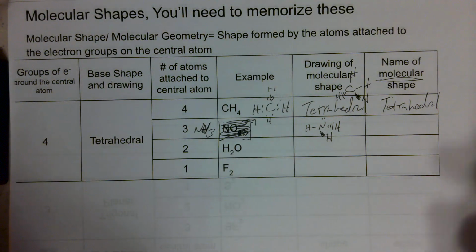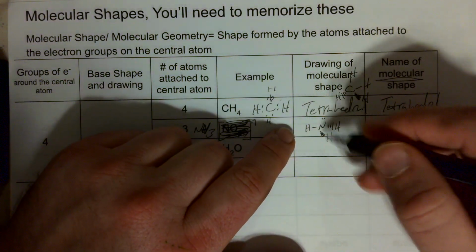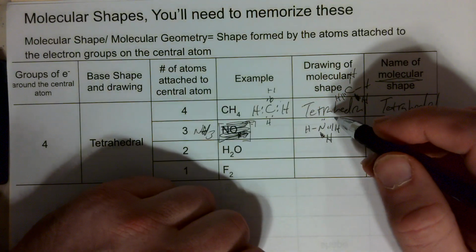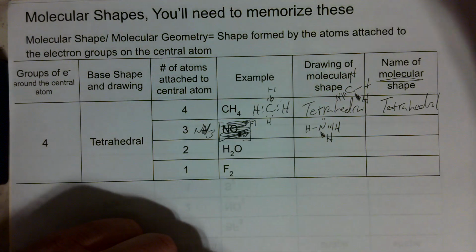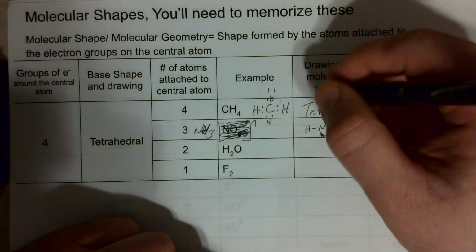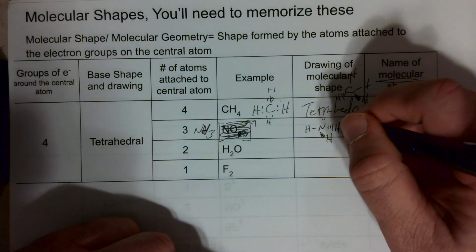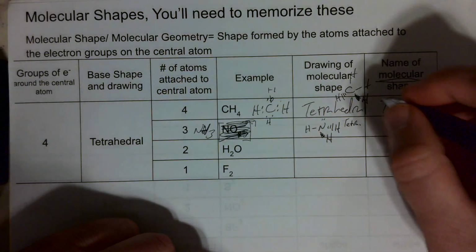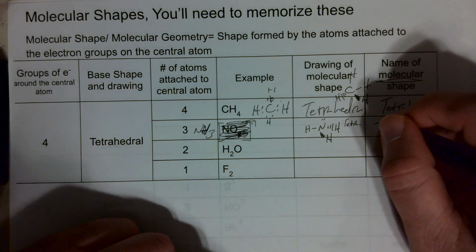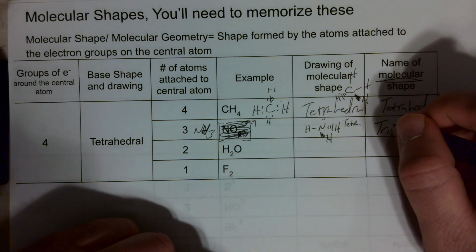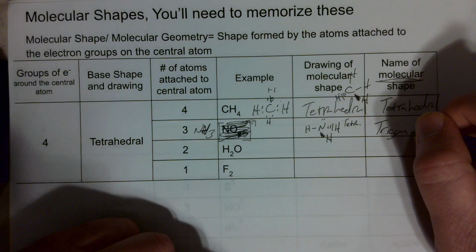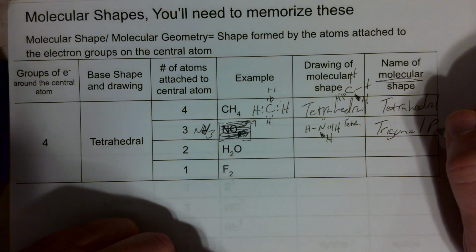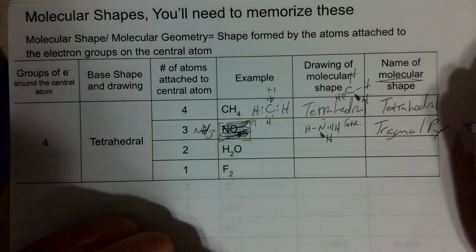So this is actually going to push on these hydrogens to come a little bit closer. It's going to form a different shape. So base shape would be a tetrahedral shape. But the molecular shape is what we're going to call a trigonal pyramid.